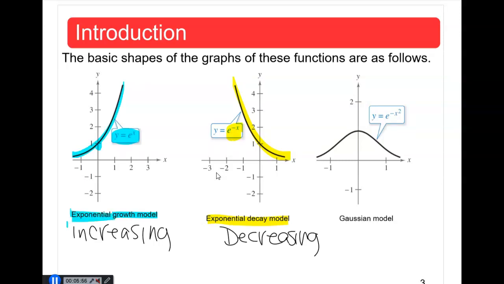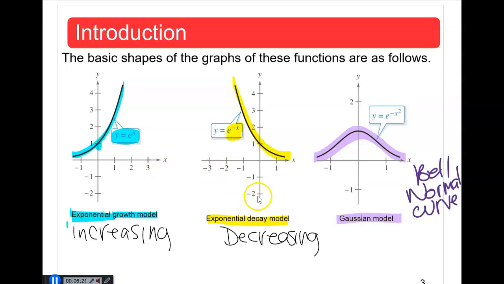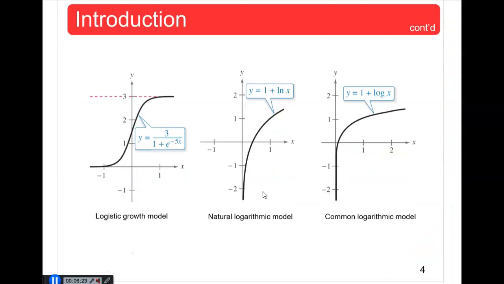And the next graph that we have here is an example of the Gaussian model. If you notice, we do have that graph that looks like an upside down bell, and that's why they call it the bell curve or the normal curve, if it is the normal distribution. Okay, so here's an example of the logistic model that I was telling you, that it could grow rapidly like an exponential, and then eventually it starts leveling.